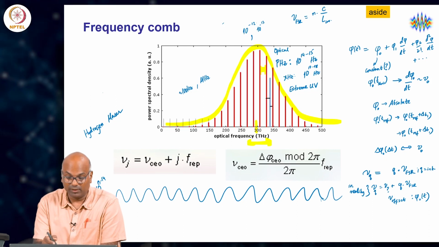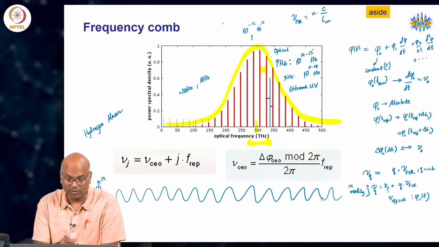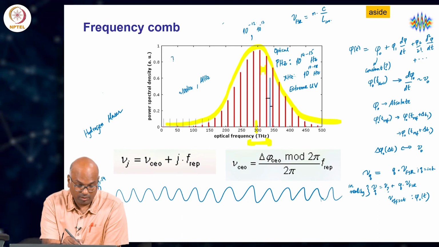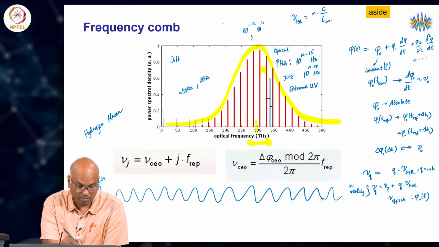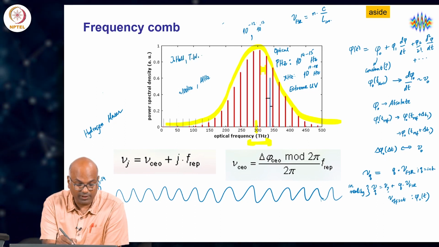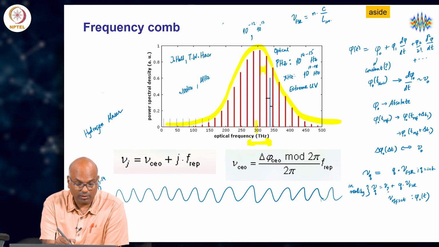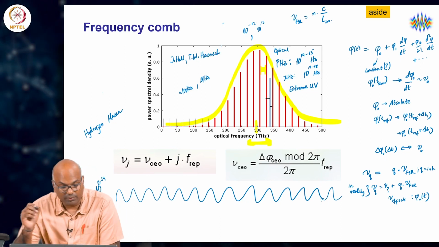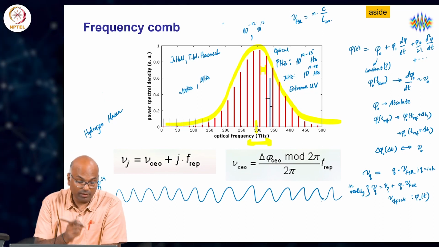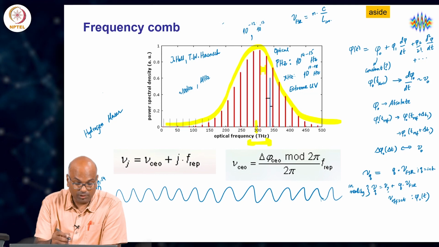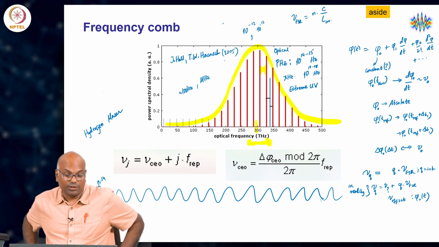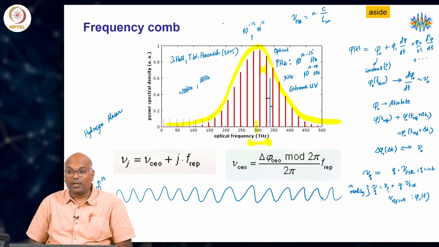For doing these in the petahertz optical frequency domain, of course, for science, physics and technology, these combs in the petahertz domain were the reason for the Nobel Prize in Physics in 2005 to Jean Hall and Ted Hansch.